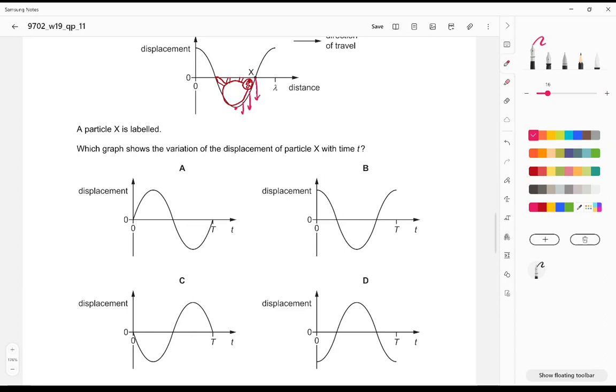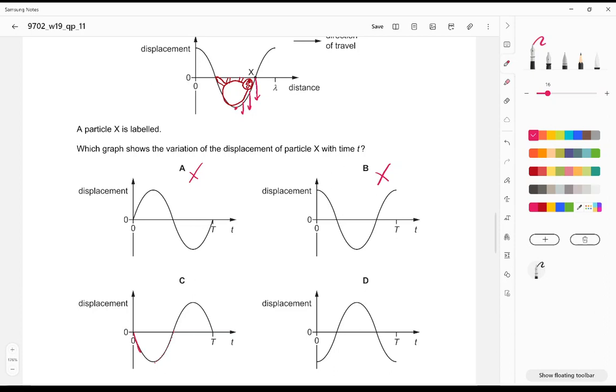It must go down, so B cannot be true, but let's look at option C. It definitely goes down, then it reaches the turning point and returns back to its original displacement, and after that it tends to move up.